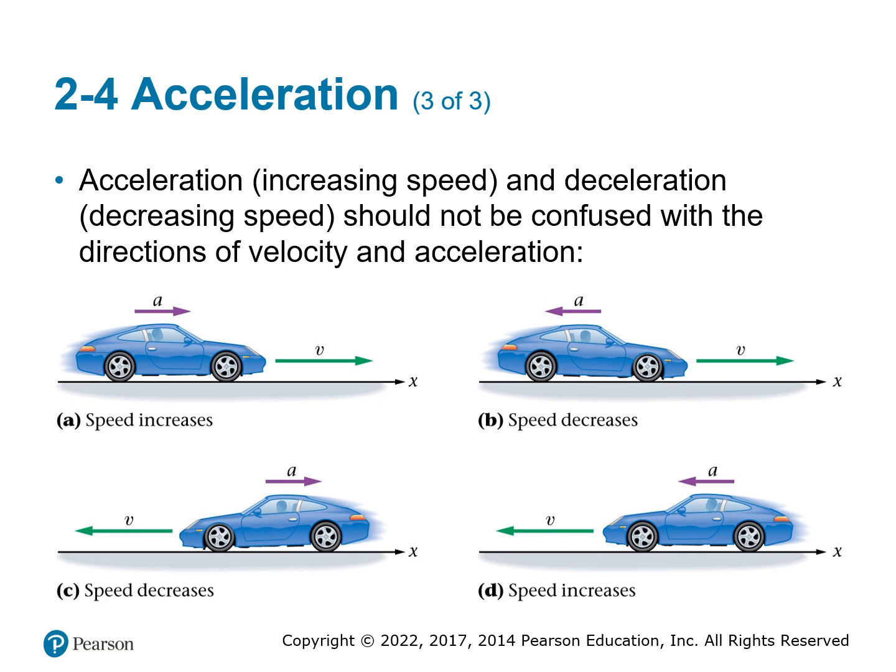Another way to think about this is speed is increasing when both velocity and acceleration are in the same direction. Speed is decreasing when they are opposites of each other, going in opposite directions.